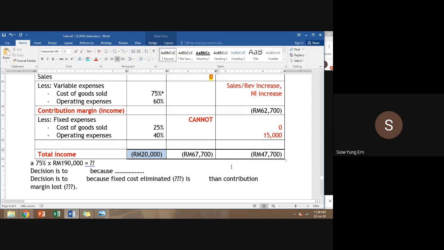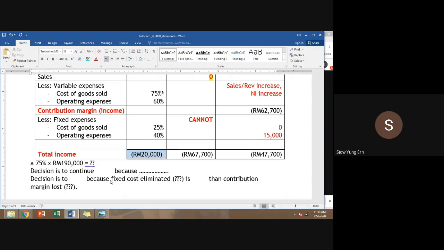Okay, Wenjia, what is your decision? Correct. Should continue because net income decreased 47,700. Okay, class, another way to write it. Remember your decision rule. Correct, Lijia.